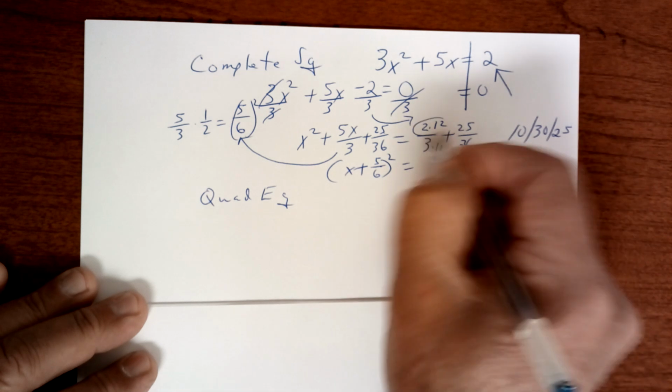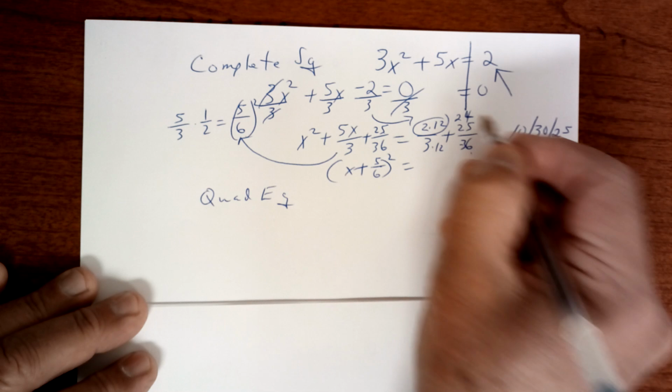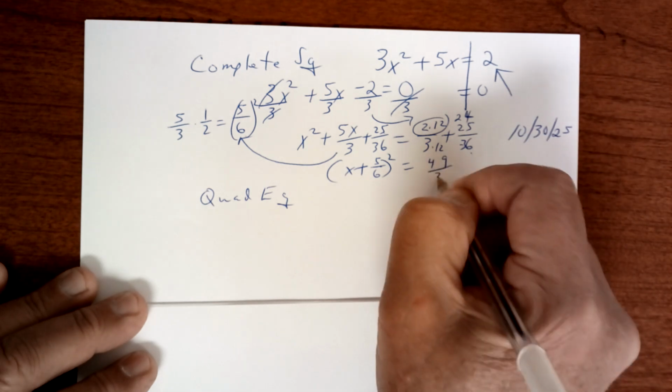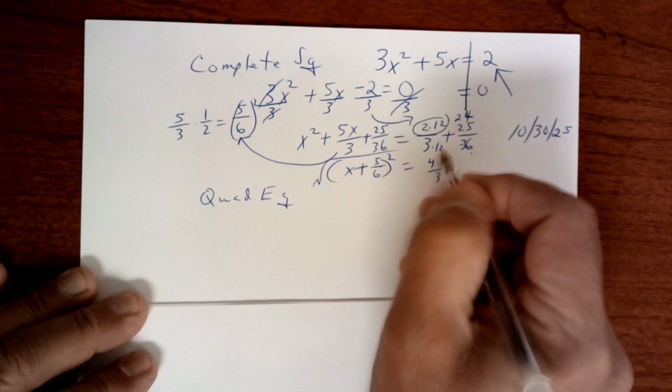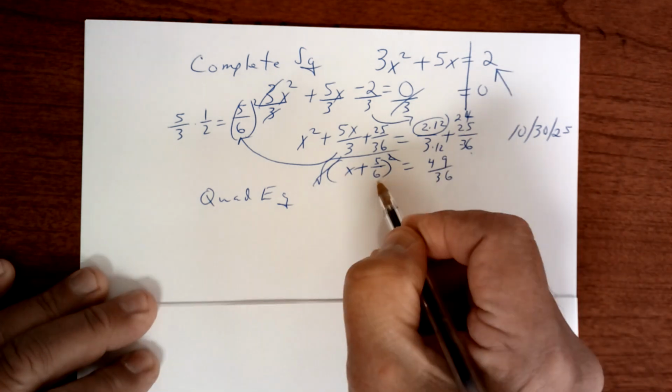So that's 24 plus 25, which gives you 49 over 36. Now you're going to do the square root. You're going to move the 5 over 6 to the other side.